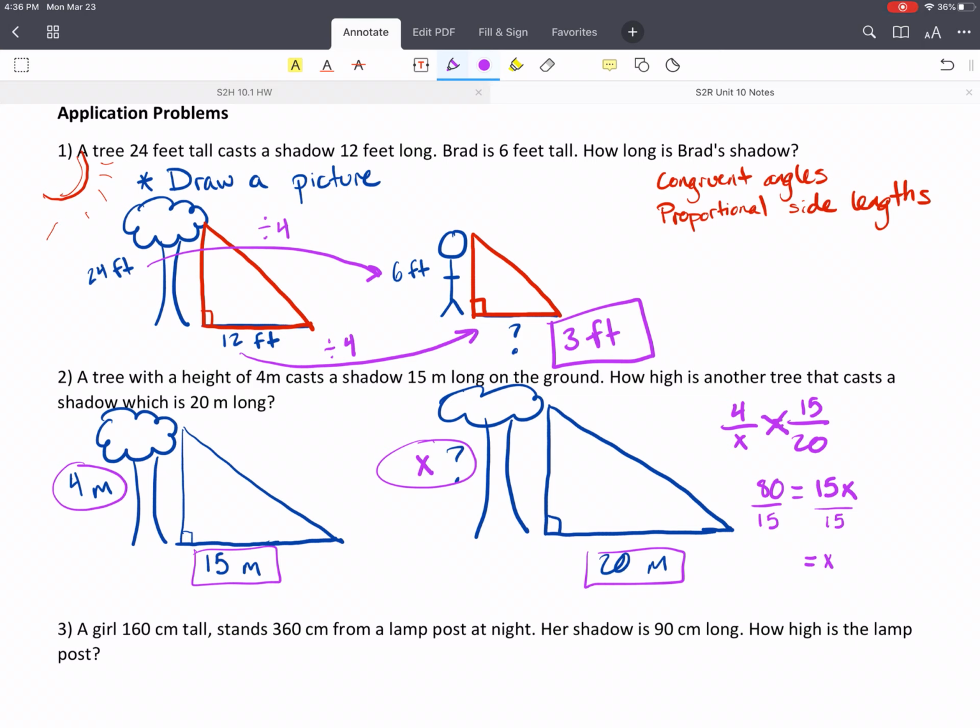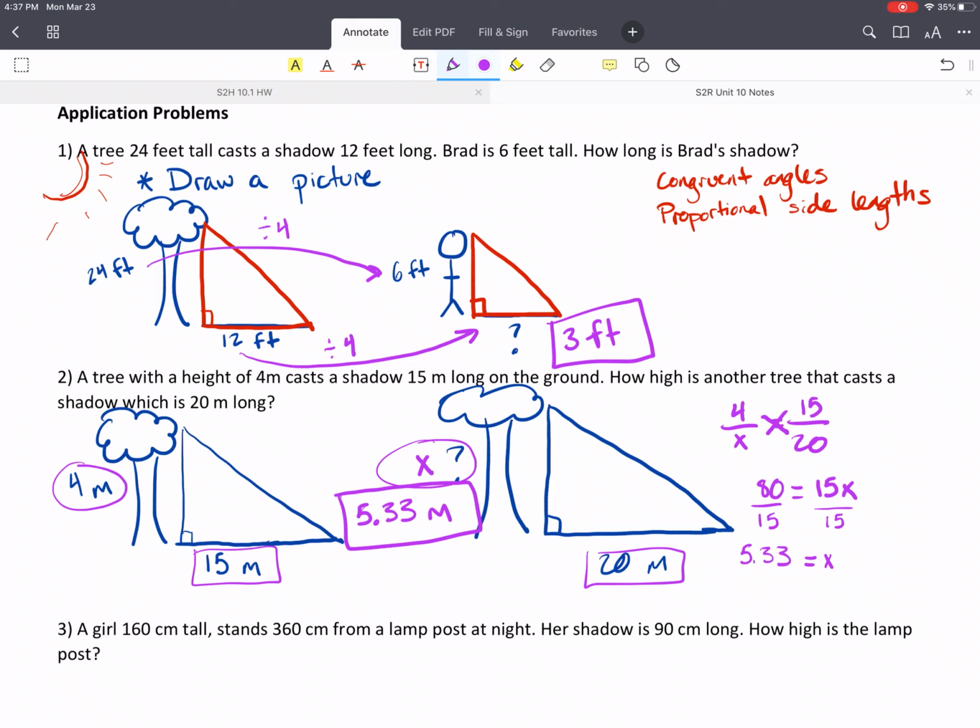And we type that in our calculator. 80 divided by 15 and I get 5.33. And so I know that this tree is going to be 5.33 meters tall. And that's pretty much all this lesson takes.